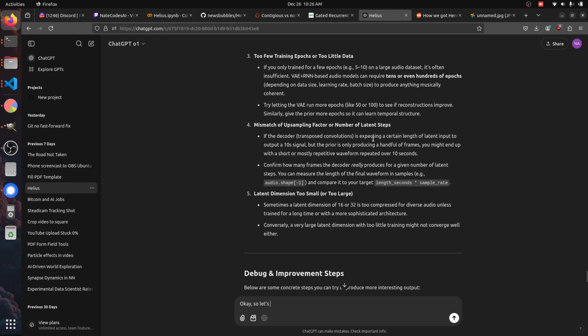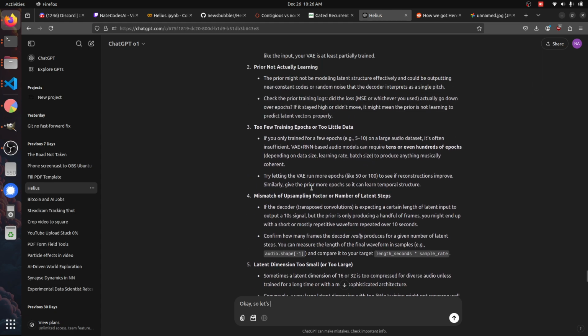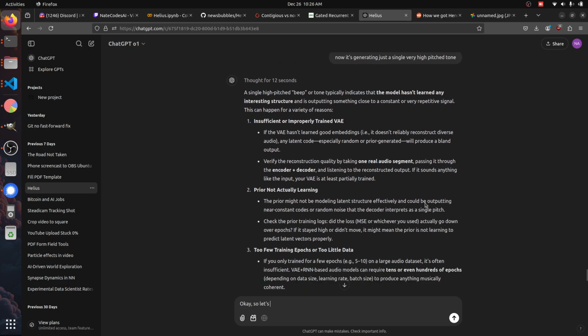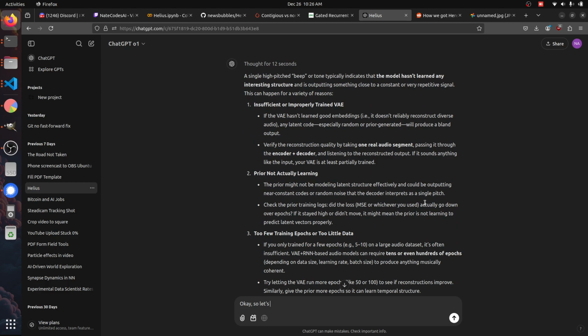Mismatch of upsampling factor or number of latent steps, if the decoder transpose convolutions are expecting a certain length of latent input. So first, before I start pivoting, I'm just going to go over what I talked about last night. It indicates that the model hasn't learned any interesting structure, right?